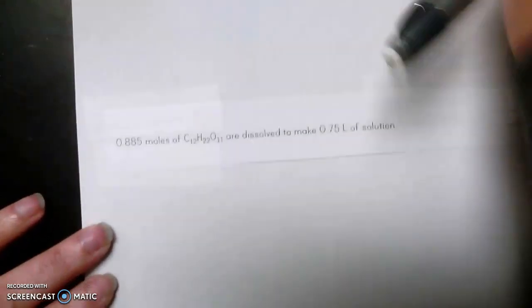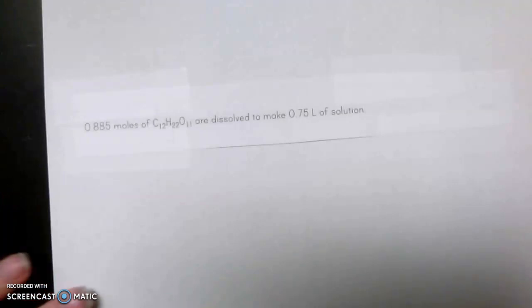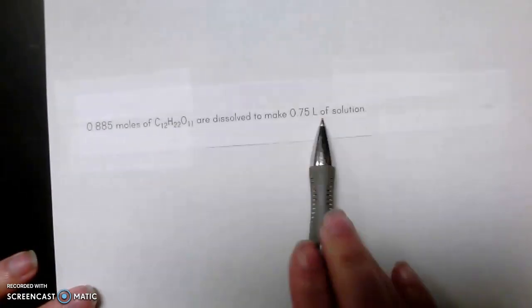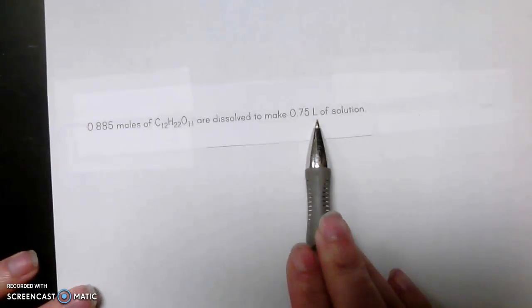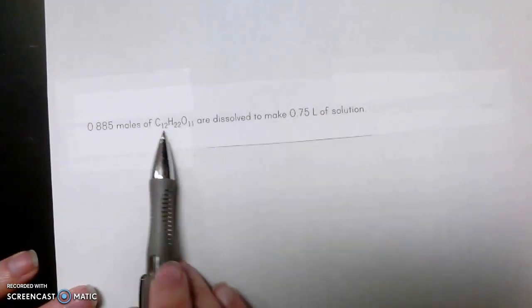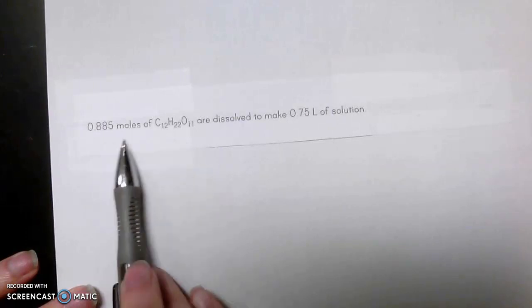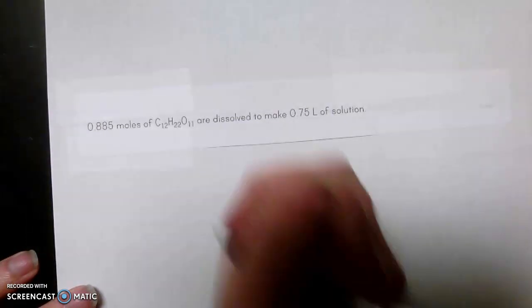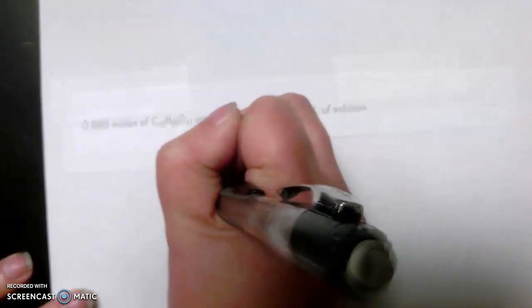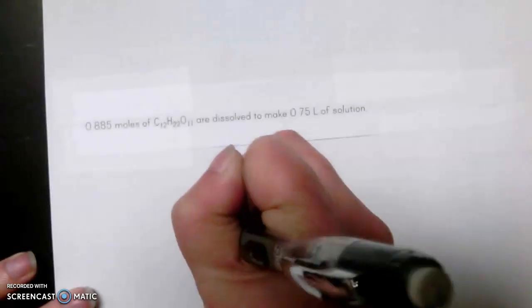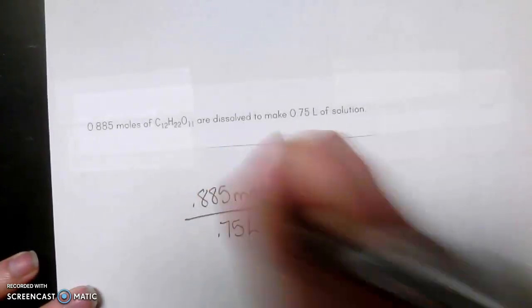Got one more here to show you. So again, you're already given moles and you already have liters. The camera's having trouble focusing. So you don't need the molar mass for this. You have moles, you have liters. That's all you need. You're going to take the 0.885 moles and divide it by the 0.75 liters.